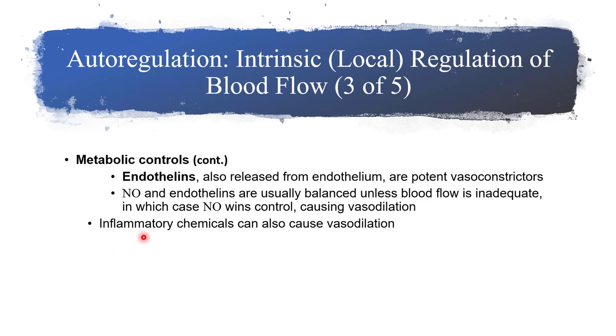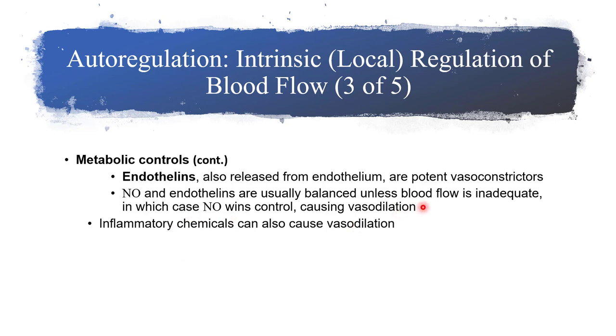Endothelins, a substance also released from the endothelium, are potent vasoconstrictors, which have the reverse action of nitric oxide. Nitric oxide and endothelins usually should have a balance unless the flow is inadequate.